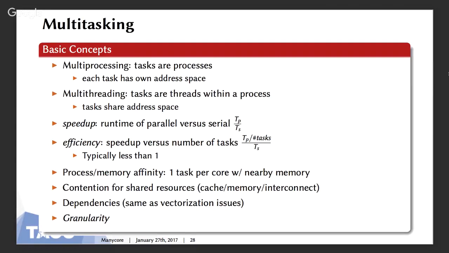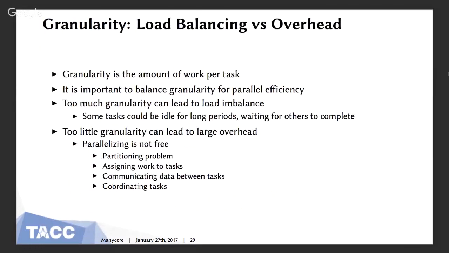And then the final concept is this idea of granularity, which is the amount of work per task. It's important to balance granularity to get parallel efficiency. Too much granularity can lead to load imbalances. Basically, some tasks could be idle for a really long time waiting for other ones to complete. Too little granularity can lead to large overheads.